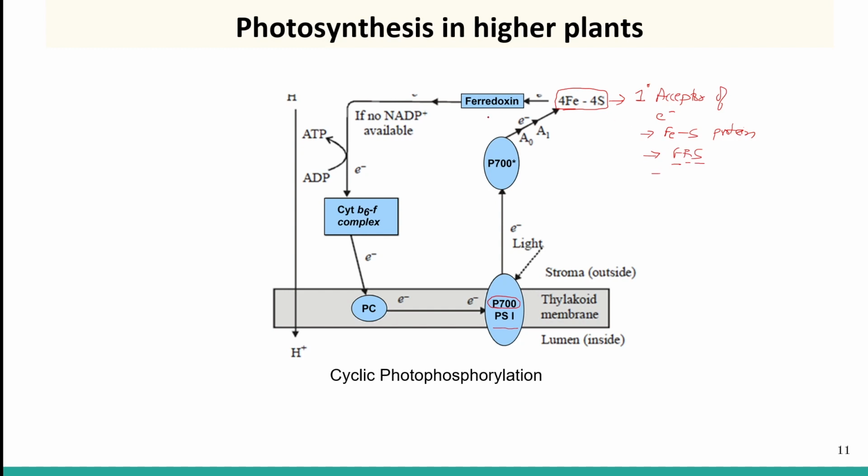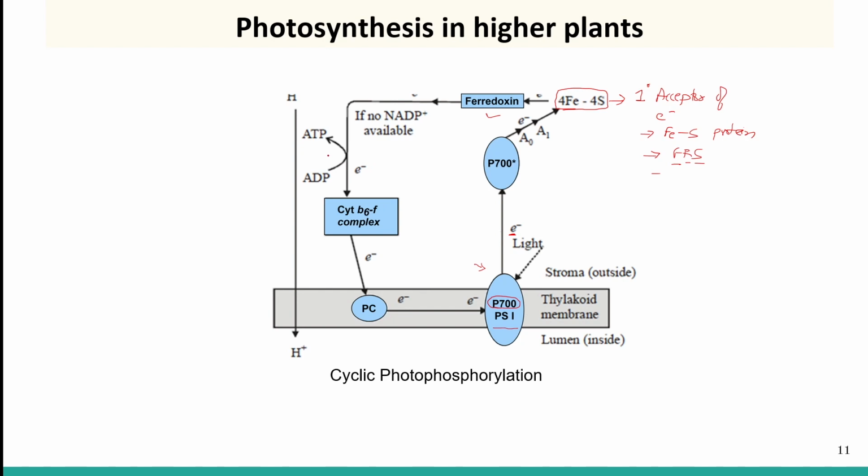And then we have ferredoxin. Earlier it was thought that ferredoxin is the primary acceptor, but later it was found that ferredoxin reducing substance is the primary acceptor. So what happens in cyclic photophosphorylation? The electrons ejected from photosystem 1 follow this pathway and return back to photosystem 1.